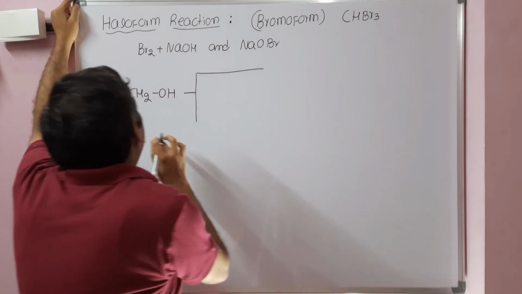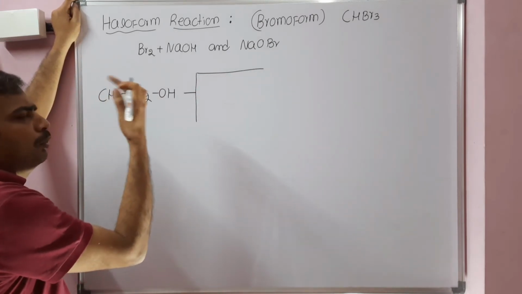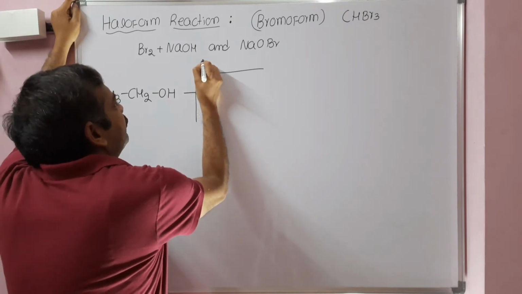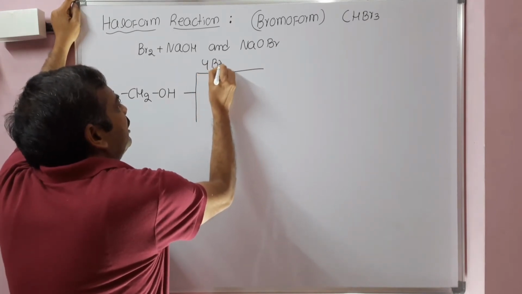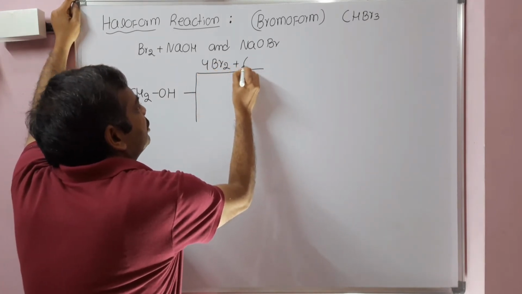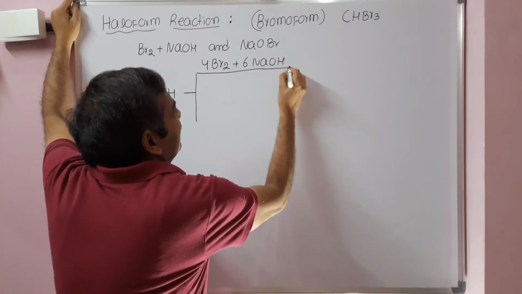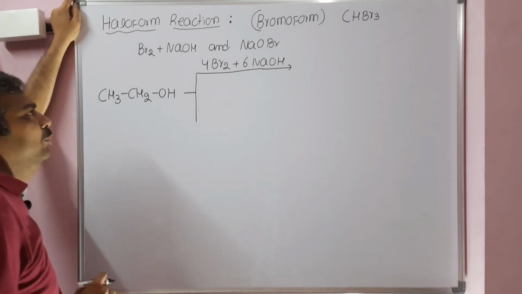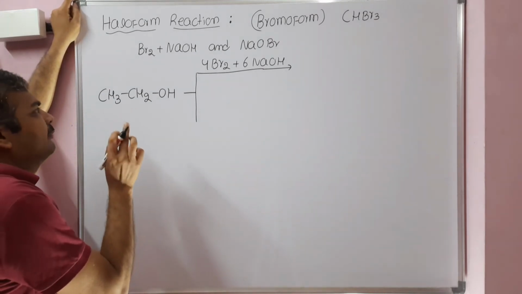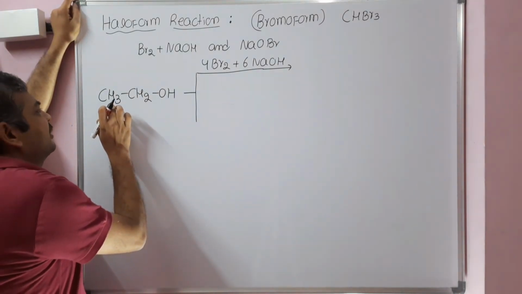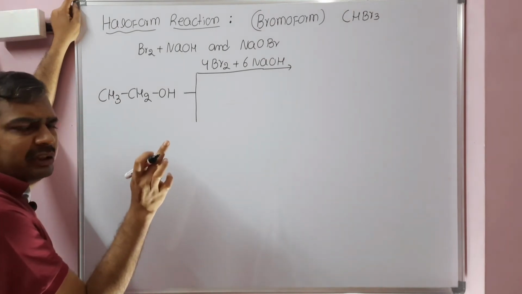Regarding from ethyl alcohol to bromoform, it requires 4 moles of bromine and 6 moles of sodium hydroxide. Right. So why 4 moles of bromine? 3 moles of bromine is to convert 3 hydrogens to 3 bromines.